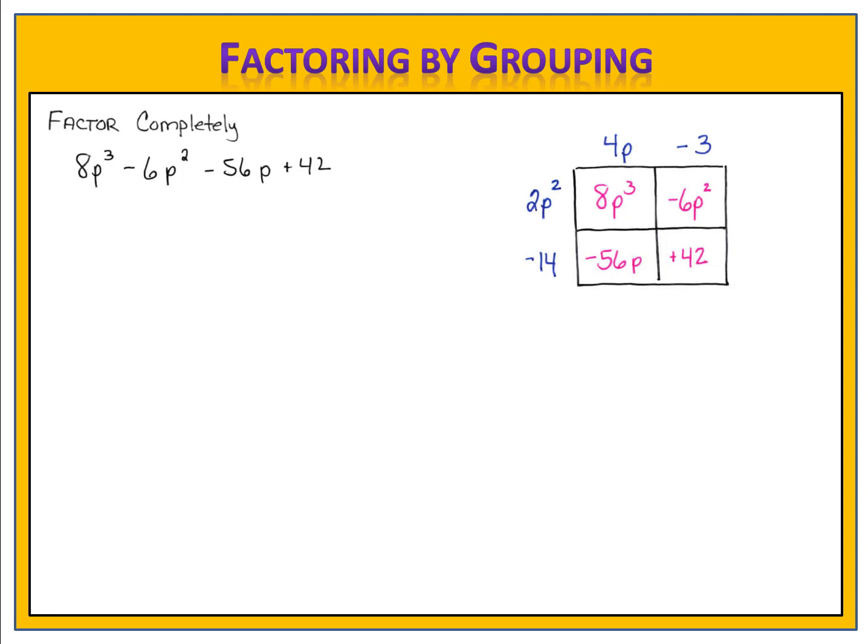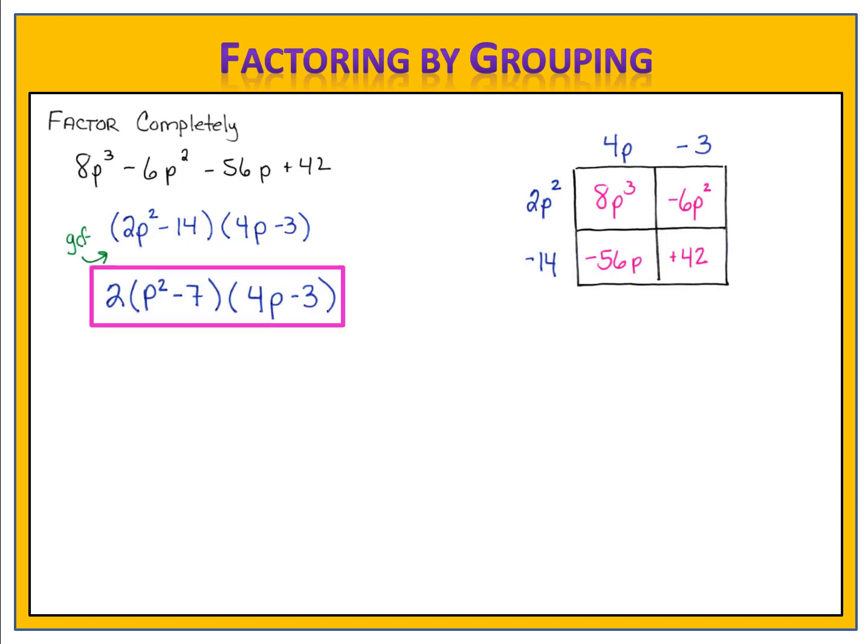That leaves us with two factors, 2p squared minus 14 and 4p minus 3. Notice that we have a greatest common factor in our first term. So we have 2 times p to the second minus 7 times 4p minus 3. That's our polynomial in factored form.